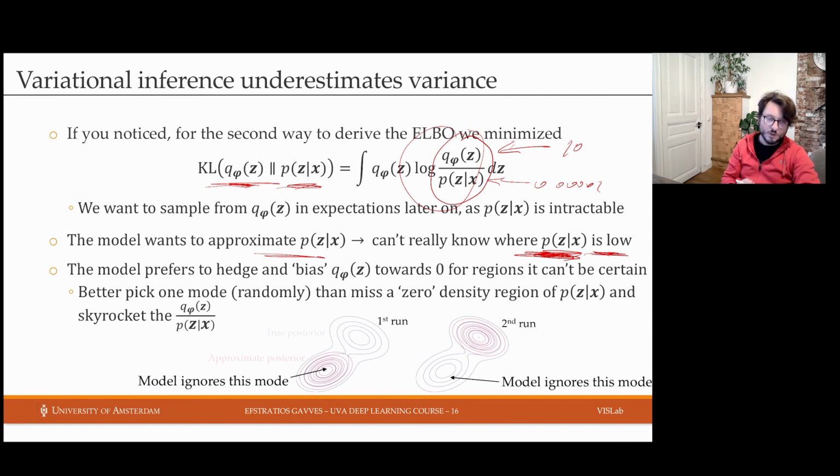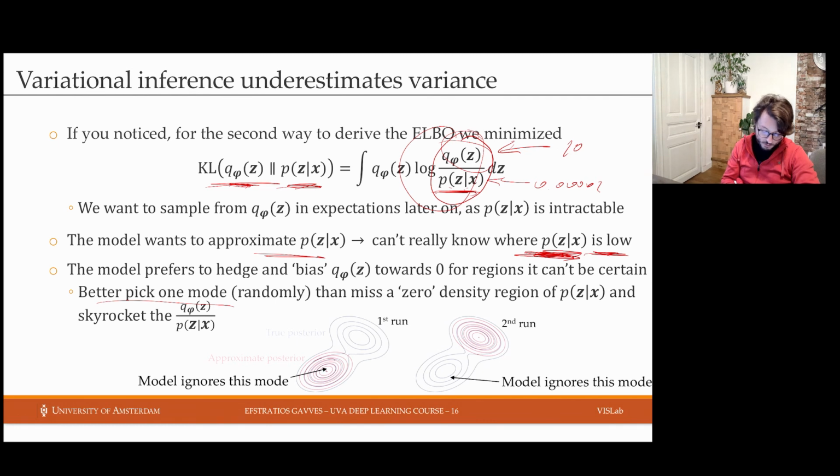So what the model implicitly does is prefer to pick a single mode for which it knows that there is enough density around for P of z given x, so that the denominator is always large enough, and any mistake it makes will not cause the ELBO to skyrocket the ratio. This is why variance is underestimated.